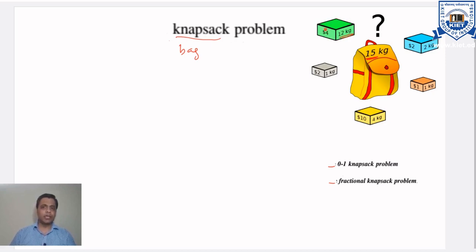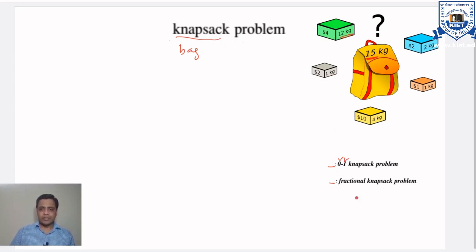The thief could not take half or a fraction of that item. The thief has to pick the whole item as a whole. So this 0-1 represents either you take this item or don't take this item. If you are taking this item, that is 1, and if you are not taking this item, that is 0. So either you pick this item as a whole, or you don't pick it. The same applies to all other remaining items.